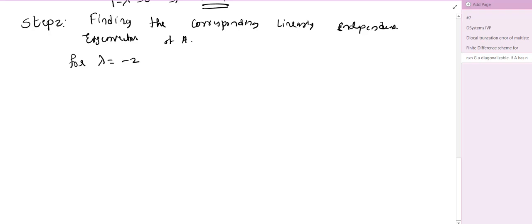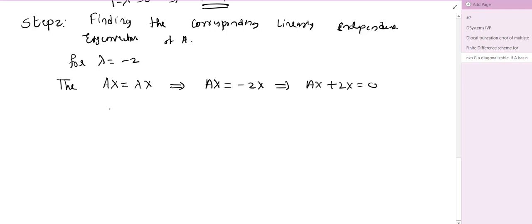So the augmented matrix will be, basically, whenever we have lambda equal to minus 2, the equation will be Ax is equal to lambda x, as we know. This implies Ax will be equal to minus 2x. This implies Ax plus 2x will be equal to 0. So it is a basic understanding.